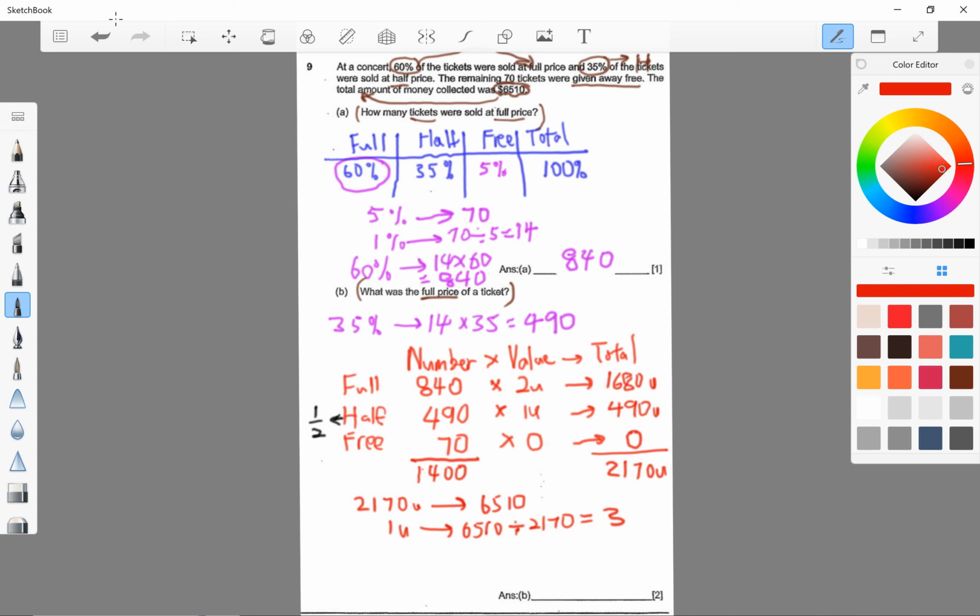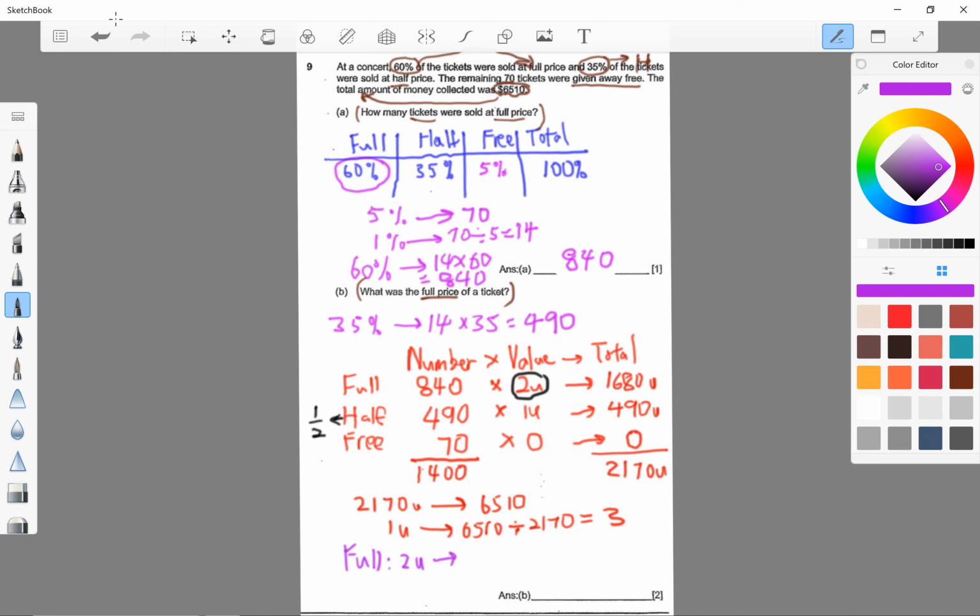But unfortunately, 3 is not the final answer. There's still one more step to go, because we are looking for the full price of the ticket. And the full price of the ticket has got to be 2 units. So my final step for this question, the full price, it will be 2 units.